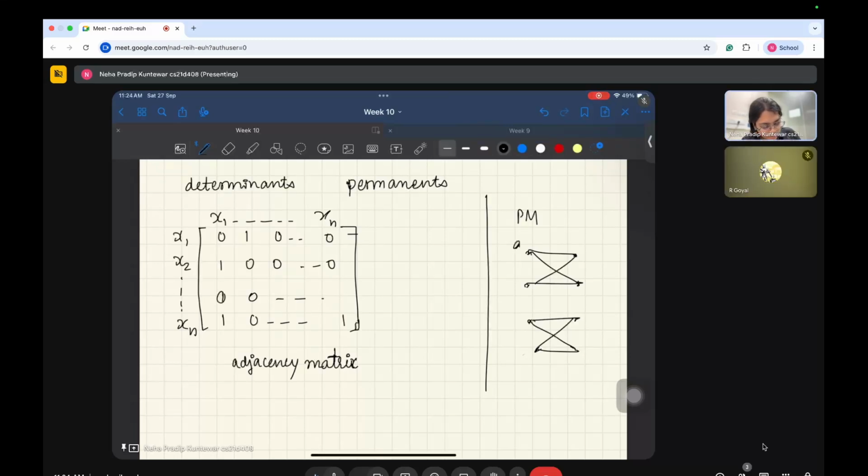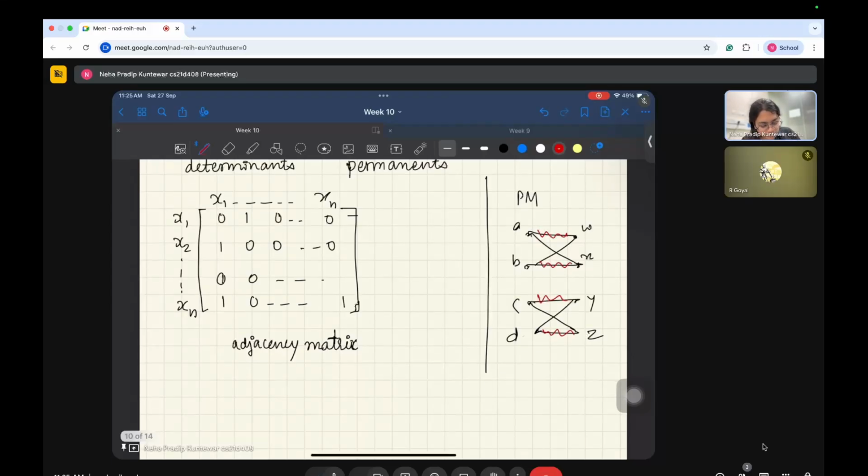I'll label these A, B, C, D and W, X, Y, Z. If we look at these two, this is one possible matching.